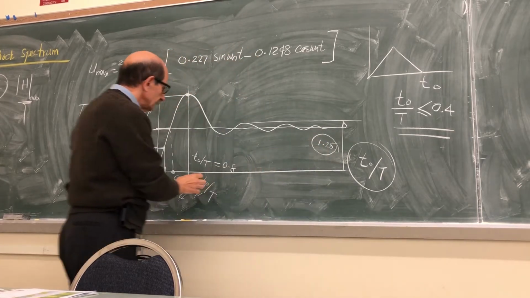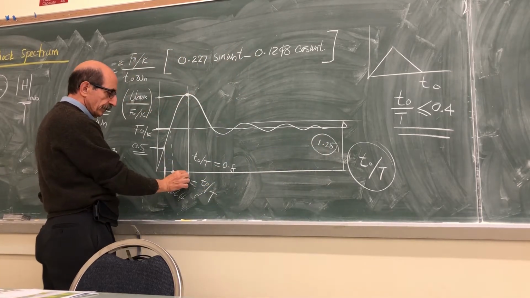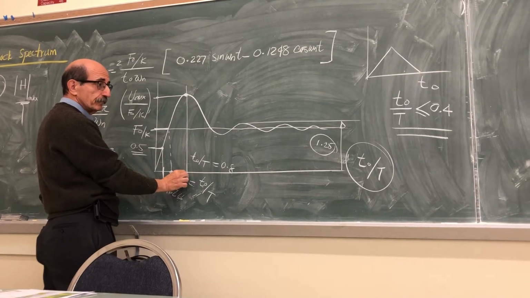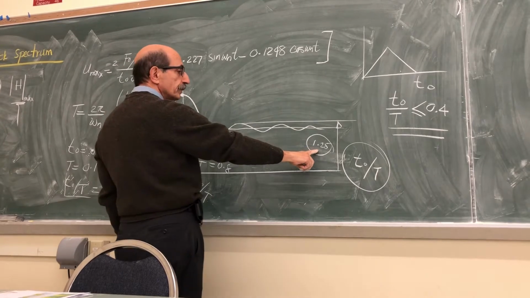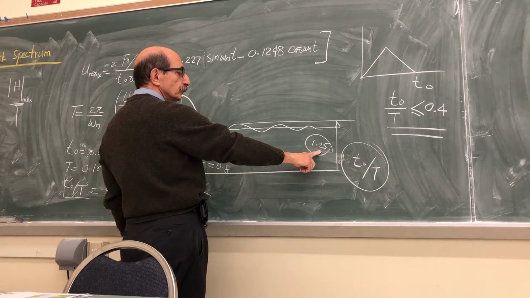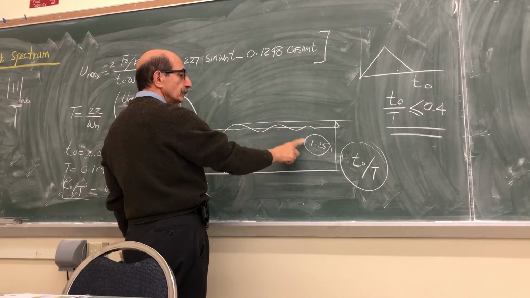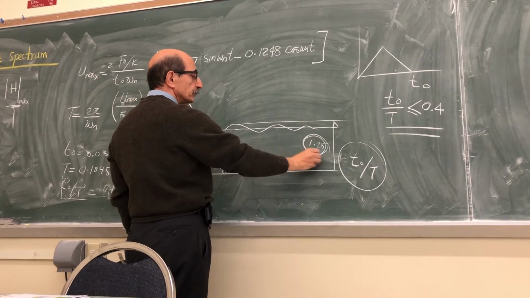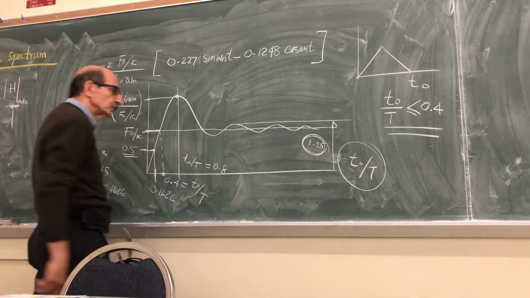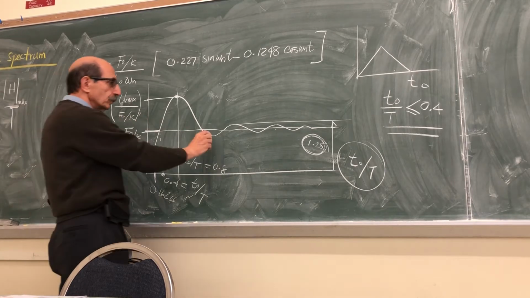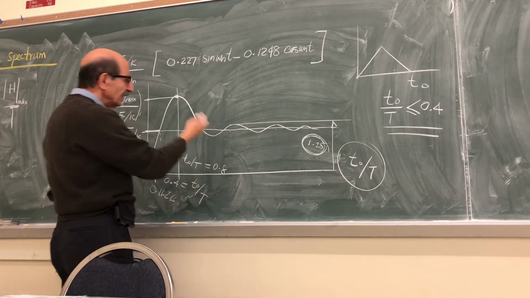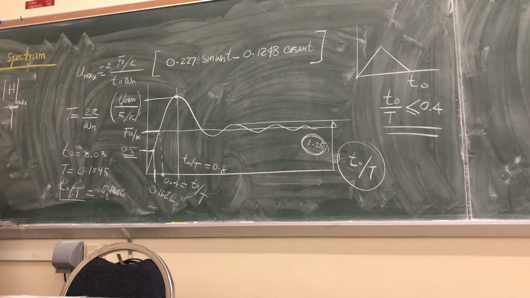No matter what, if you exceed 0.8, maximum response would always oscillate around 1.25 and 1, okay? So in other words, for the design purposes, you could not expect more than 1.25 as far as the maximum response goes. So this is called shock spectrum.